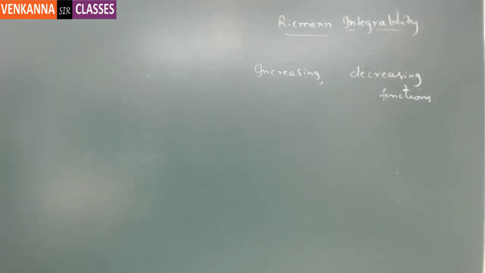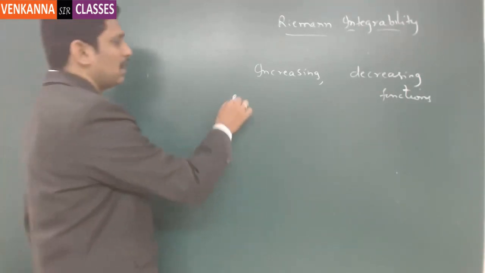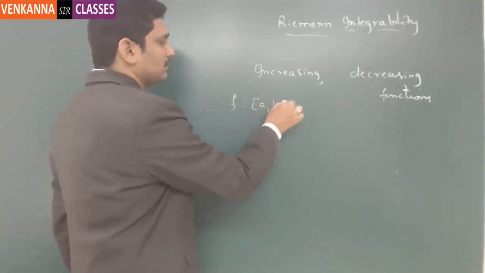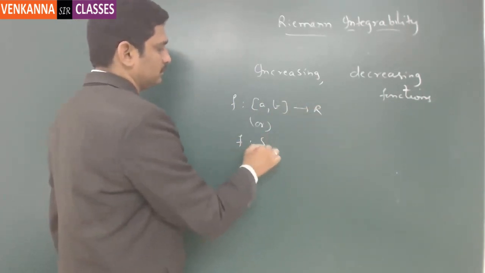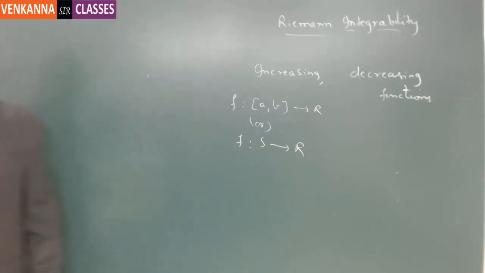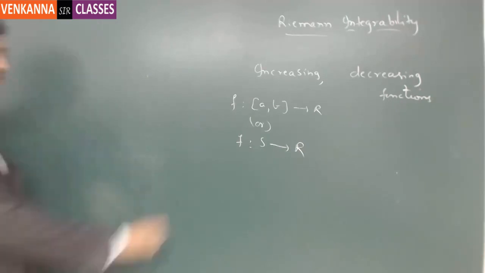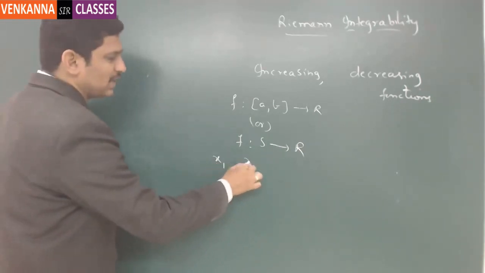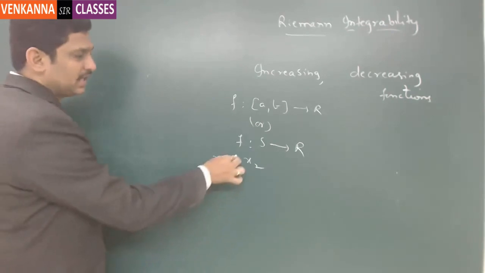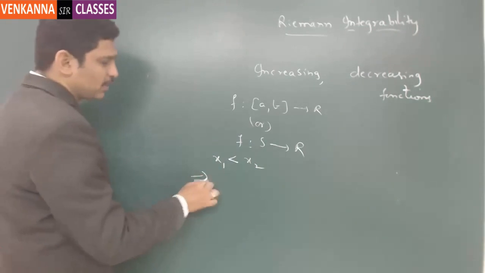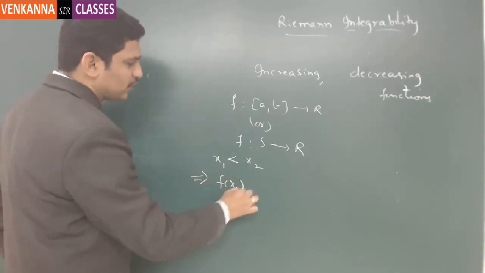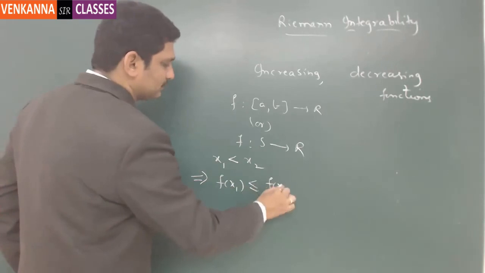Right? Now, suppose we have taken a function from S to R, or you can take a closed interval [a, b] to R. We say that the function is increasing whenever you take two points x1 and x2 such that x1 is less than x2, then the corresponding images f of x1 is less than or equal to f of x2.